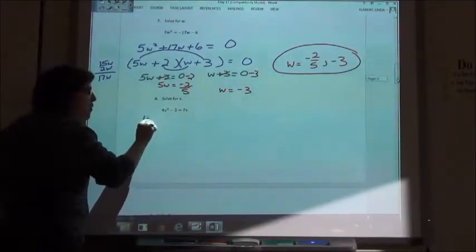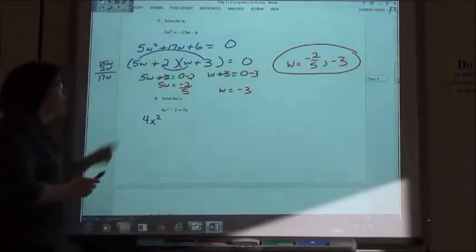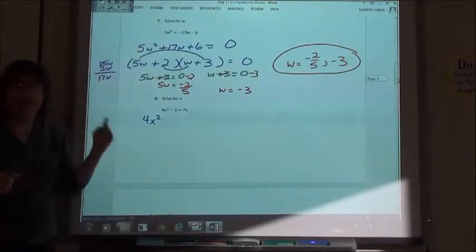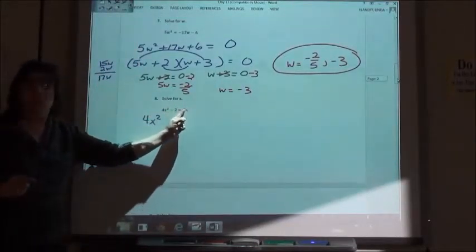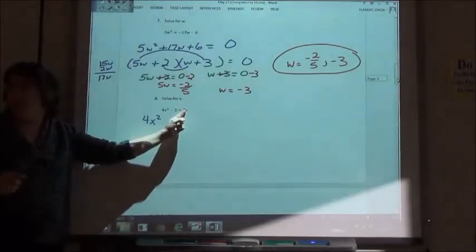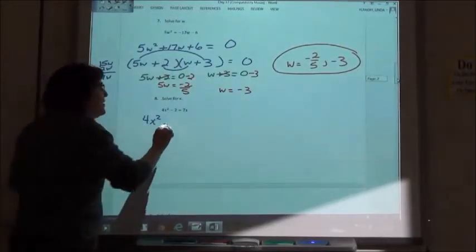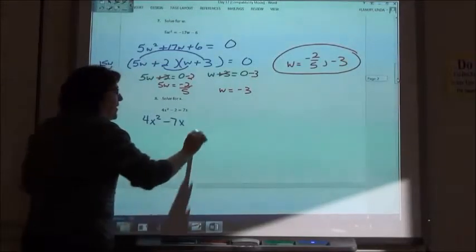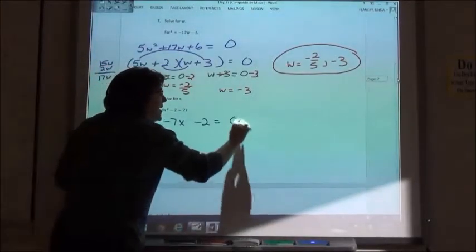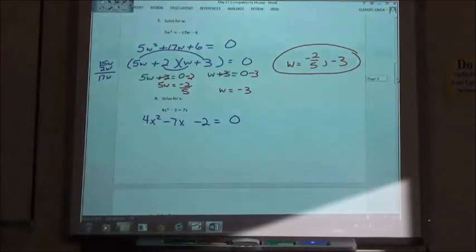So we're going to have the 4x squared first, because we always want the x squared term first. Then we're going to want this one in the middle, the x term in the middle. But when we move it over, it's going to become negative 7x. Then we're going to have the minus 2, and now we've got nothing left over on the right side.